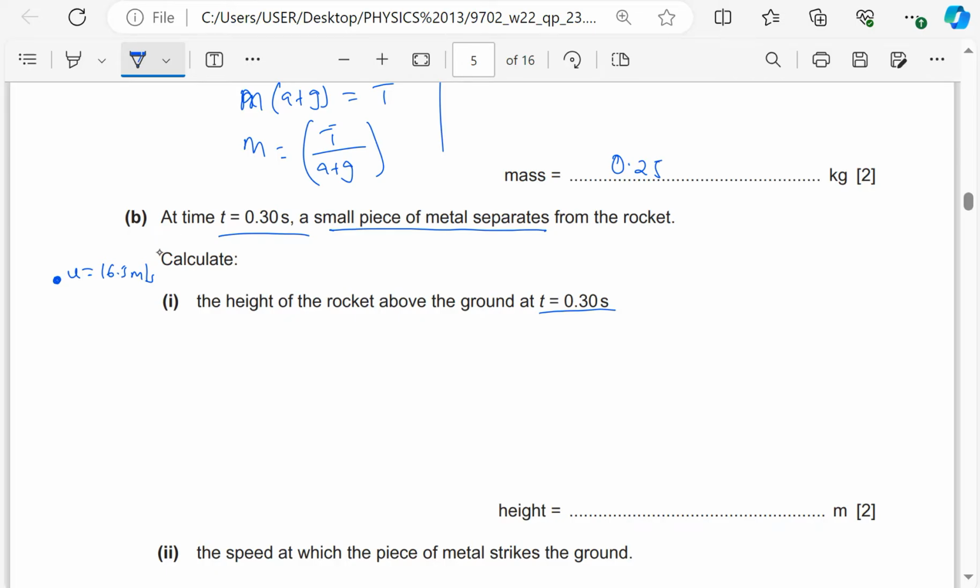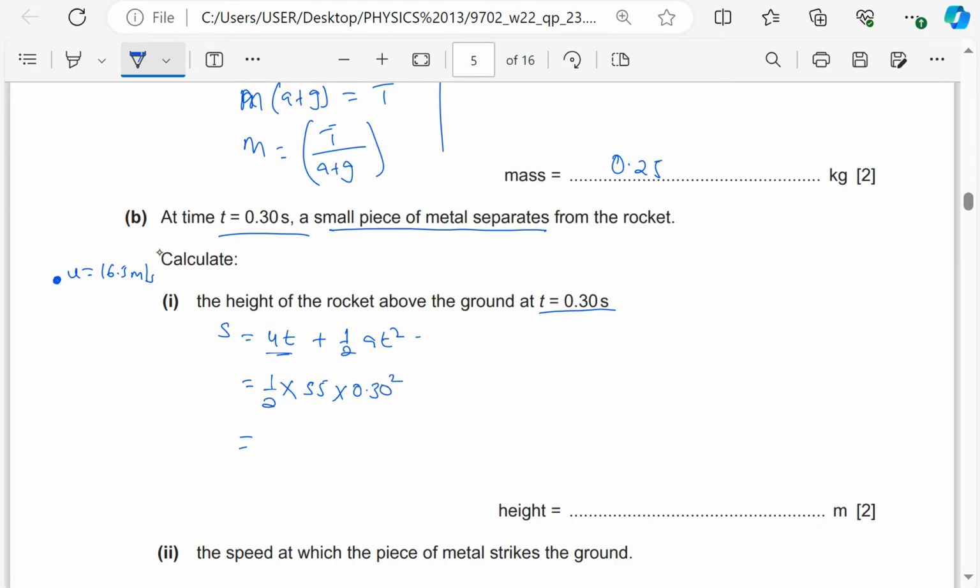We want to calculate the height of the rocket above the ground at t equals 0.3 seconds, using s equals ut plus a half at squared. The velocity at t equals 0 was initially 0, so s equals a half times the acceleration upwards, 55, times t, which is 0.30 seconds squared.